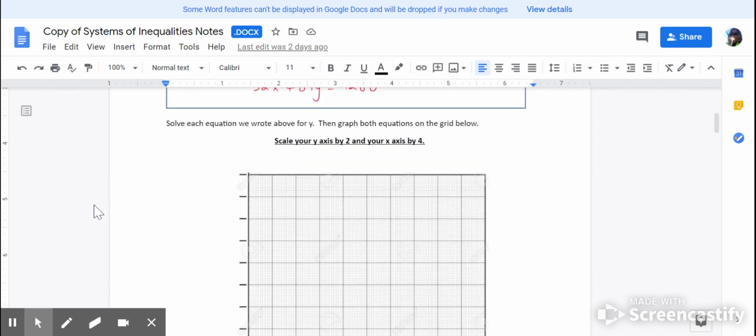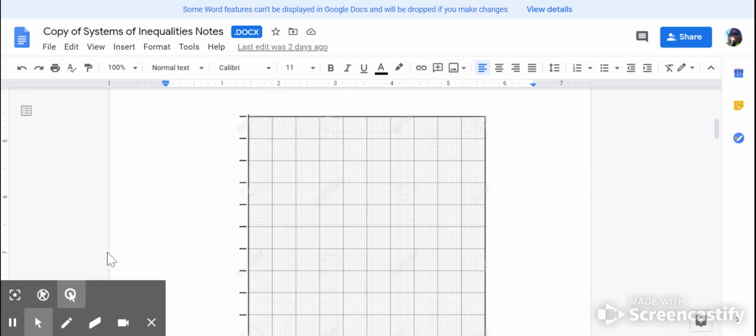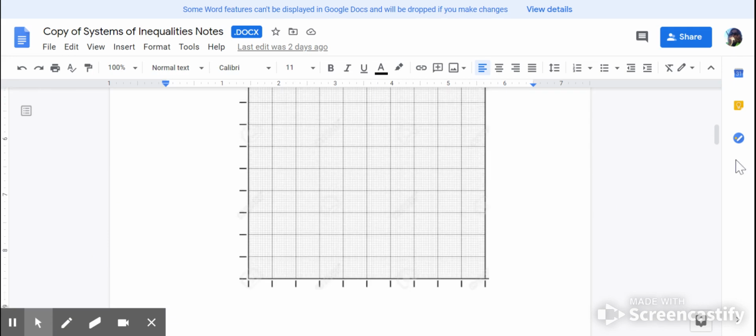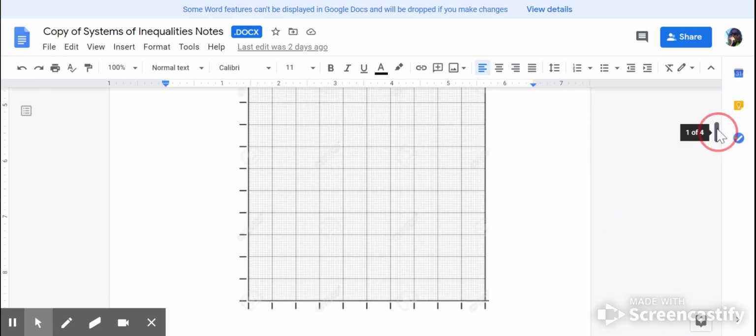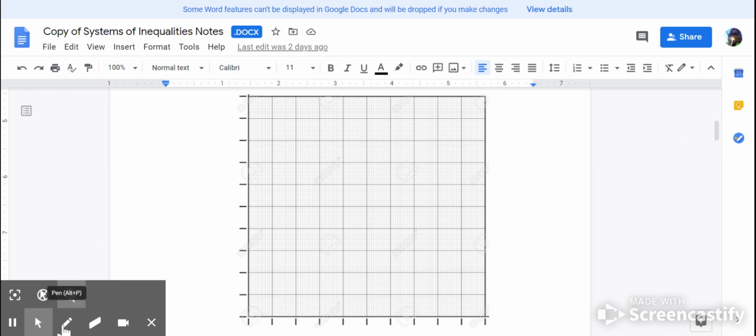If we notice, it says scale your x by 4 and your y by 2. So when I get ready to do this, remember you still need to label what each axis represents. My y was dog pens, and it said to scale my y-axis by 2, so I'm going to go up by 2s.